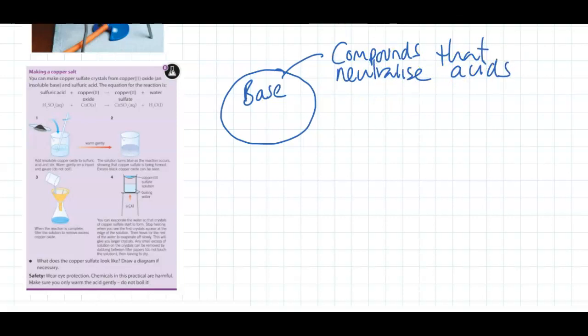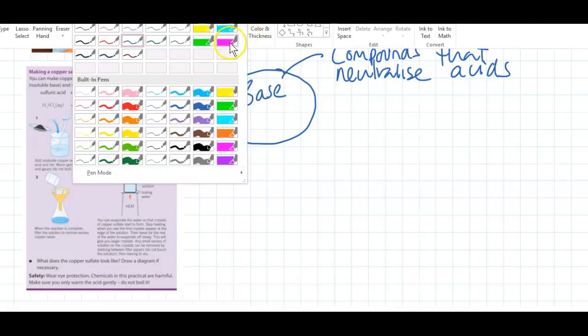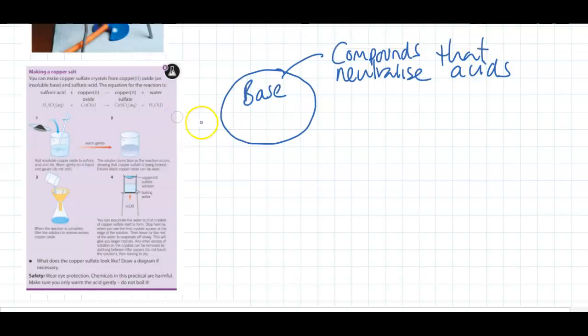And a subset of bases are alkalis. The special thing about alkalis, the reason they're in a set of their own, is because alkalis are soluble bases.